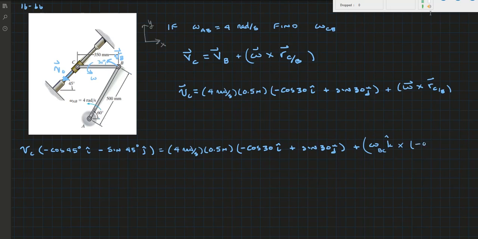It's going to be minus 0.35 meters i. So k cross i, remember z is going to come out of the board here, so k cross i gives us a j. So this is going to end up being a j term here, minus 0.35 omega j.